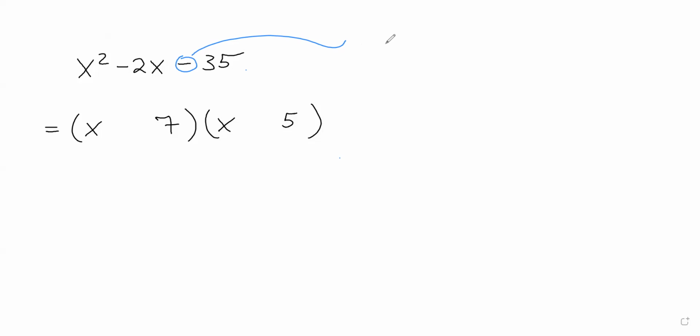I want to multiply two numbers to give -35. So I can multiply a positive by a negative to get -35, or a negative by a positive. They have to sum in such a way that I get a -2.